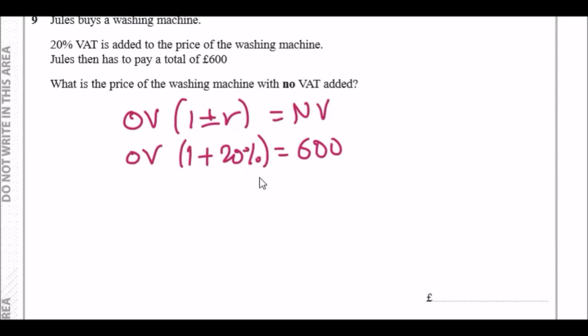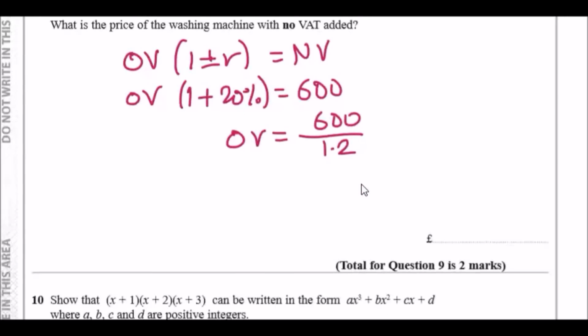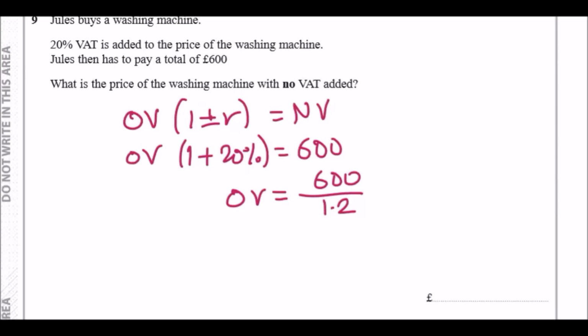What you could do is expand this, or you can just make OV the subject. You can say OV equals 600 divided by 1 plus 20%, which is 1.2. And now you just fix that up, and you're done. So to solve this one properly without a calculator, unfortunately, you just have to clear the decimal. So times up and down by powers of 10, so times it by 10, and you should get 6,000 over 12.